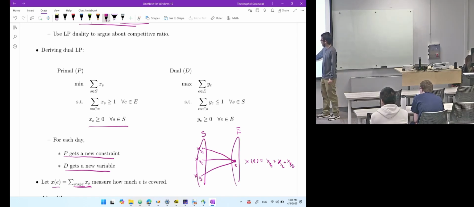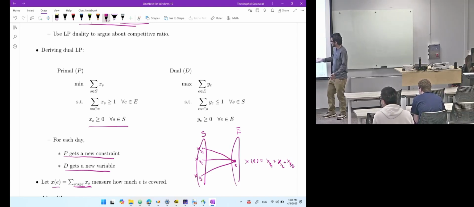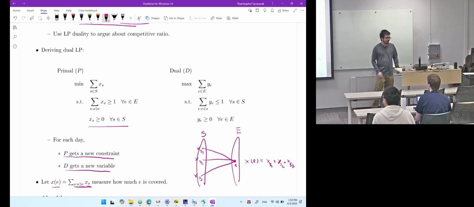Imagine that if X_E is at least 1, it means it's fractionally covered. So it's a measure of to what extent this E is covered fractionally.